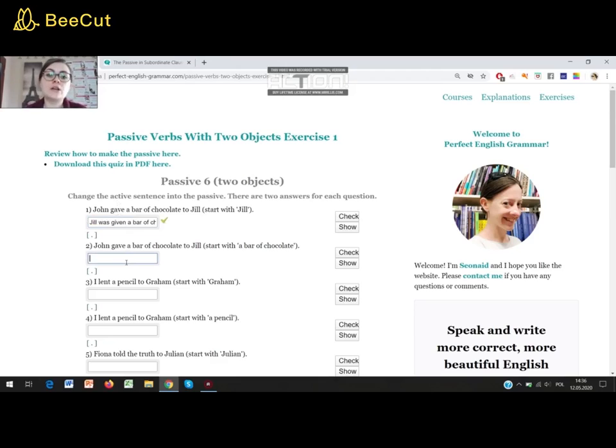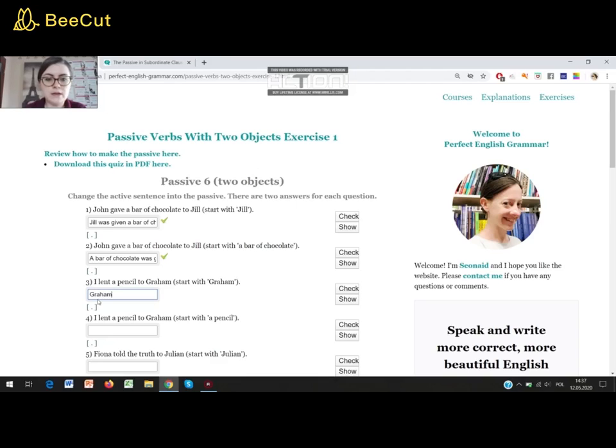Okay, let's check. The next one. John gave a bar of chocolate to Jill, and now we should start with a bar of chocolate. So a bar of chocolate was given to Jill, and by John again, we can put it in brackets. The next one, I lent a pencil to Graham, and we should start with Graham.